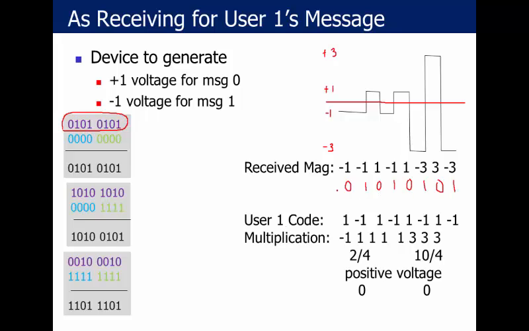We are playing with the voltages, right? Volt. So what happens here? If we convert this to volt, this 0 means 1 volt, 1 means negative 1 volt, 0 means 1 volt, 1 means negative 1, right? So on and so forth.